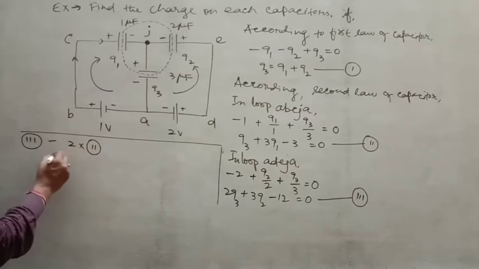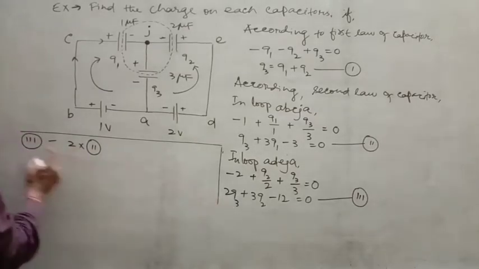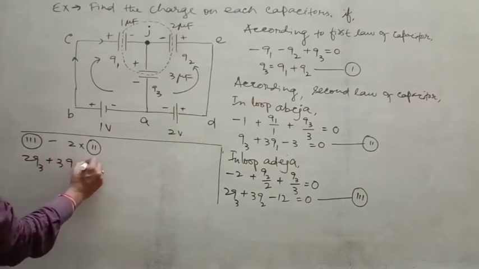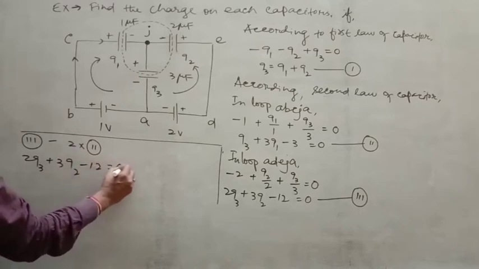Alright, so equation 3 is 2Q3 plus 3Q2 minus 12 equal to 0.